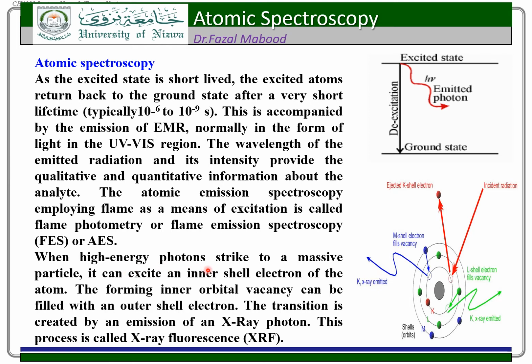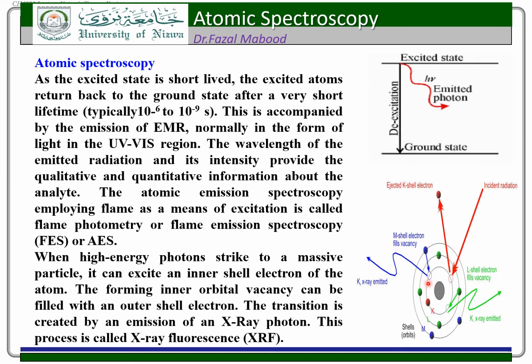When a high energy photon strikes a massive particle, it can excite an inner shell electron of the atom. The resulting inner orbital vacancy can be filled with an outer shell electron. The transition is accompanied by the emission of an X-ray photon. This process is called X-ray fluorescence. Once again, here there is an inner shell electron. This inner shell electron is ejected. When this electron is ejected, there will be an empty vacancy.